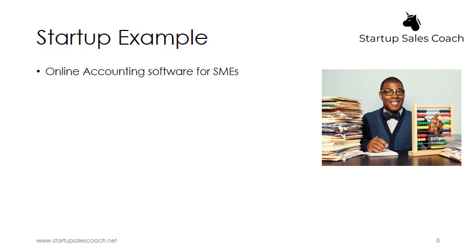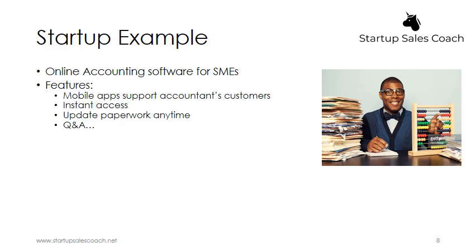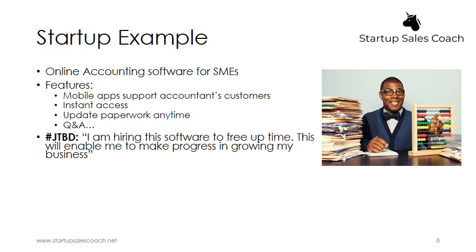Imagine an online accounting software for SMEs. It's got all the typical features that you expect: mobile access, instant updates, update paperwork anytime, and Q&A. Your job to be done for your customers could be, I'm hiring this software to free up time. This will enable me to make progress in growing my business.